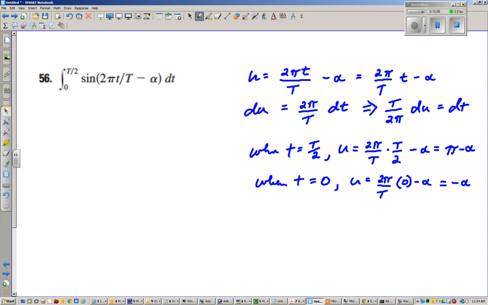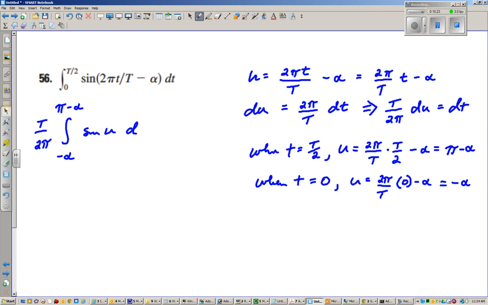So now I have my new upper and lower limits, and now let's write out the new problem. So upper and lower limits, pi minus alpha upstairs, negative alpha in the lower limit. And then won't it be the sine of, and didn't I replace everything in the parentheses with u? So it'll be the sine of u.